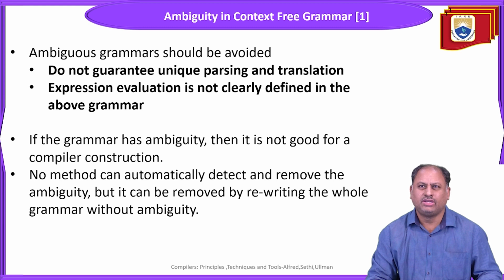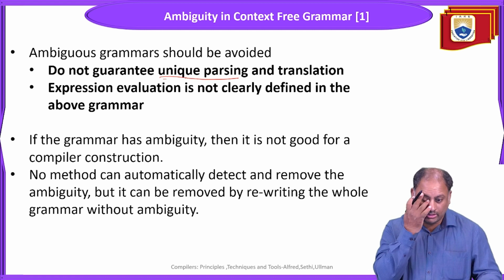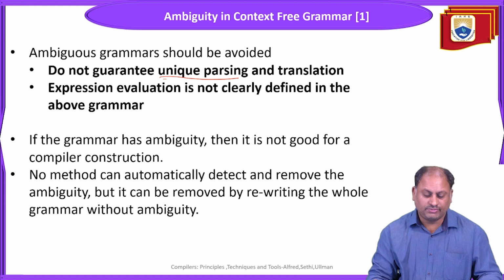That means if we do not avoid it, we do not know the unique parsing. We are going to verify the evaluation of the corresponding expression. Is it clearly defined or not based on the given grammar? If it is defined clearly, then the parse tree construction becomes simpler and ambiguity is avoided.